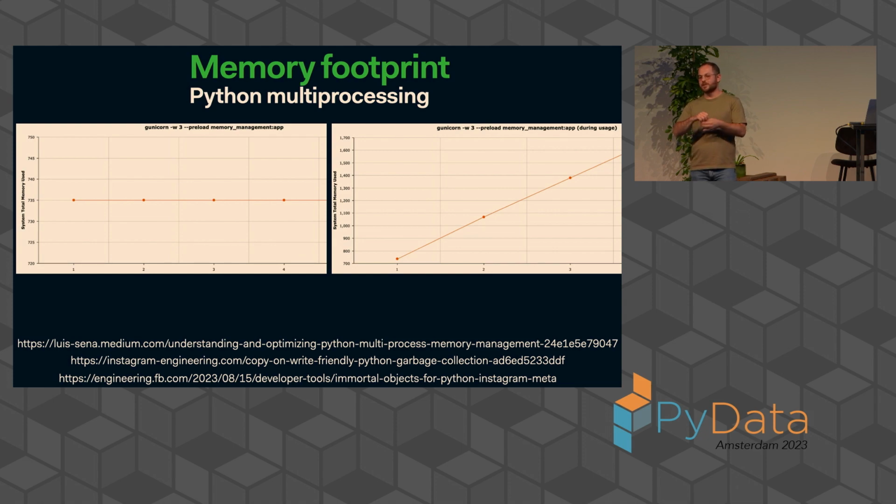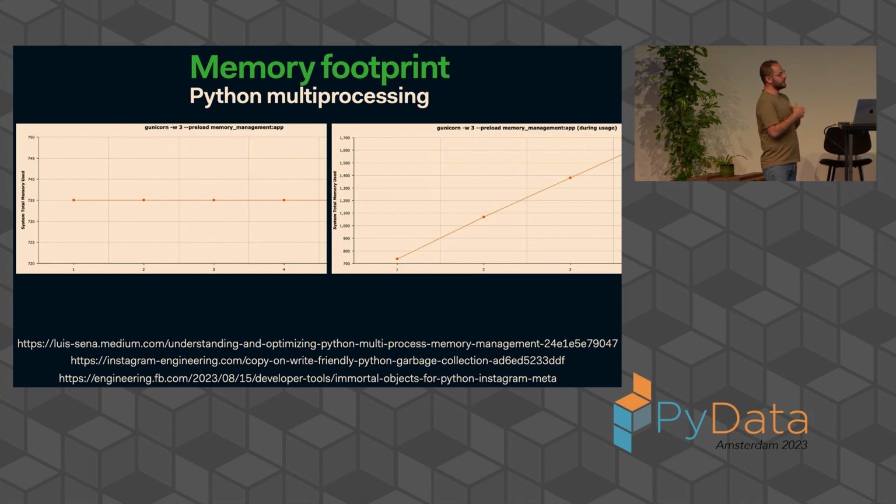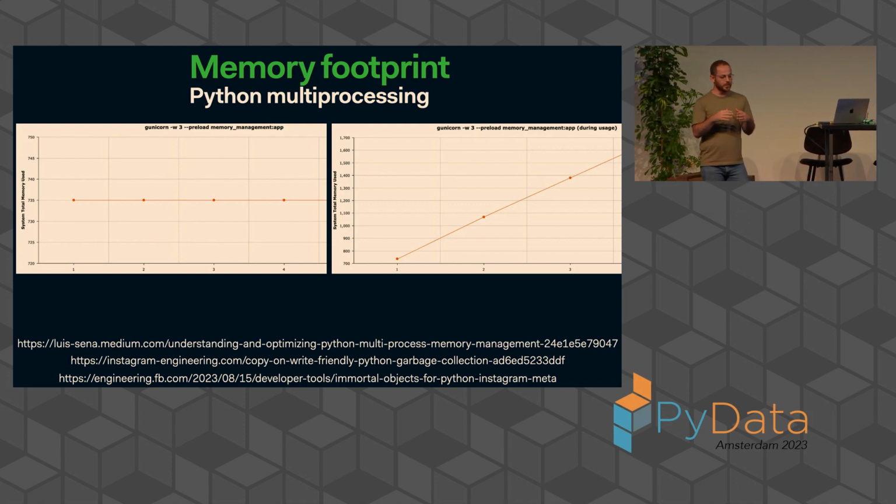When you start with a single process and then you fork these processes, the memory is shared between them all. But every time you reference an object in Python, it will increment these counters, which are actually mutating the objects, and then copy on write kicks in, and it moves this object into the other process's memory. So eventually, your memory will be bloated. The more you reference these objects, the more you mutate them, and eventually you end up with the number of workers times the original memory footprint.